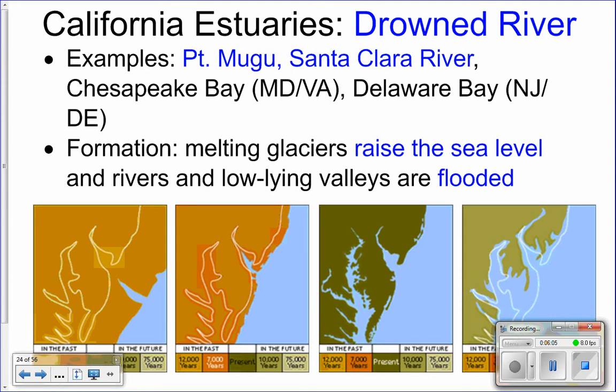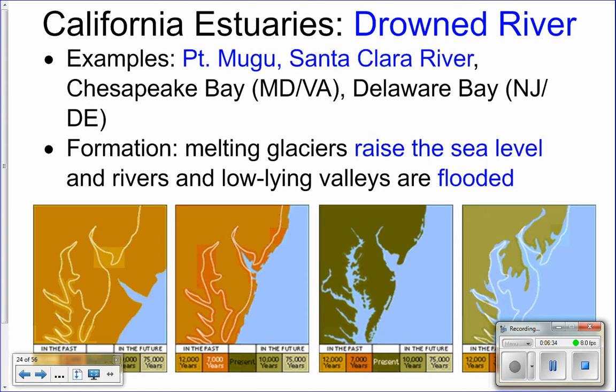Okay, so drowned river valleys are formed when rivers run into the ocean. Rivers have a good, strong erosive force on land as they run over land. As they run over the land, they form a valley, like the Colorado River has formed the Grand Canyon. So rivers can form valleys. And as they run into the ocean, they form these valleys.